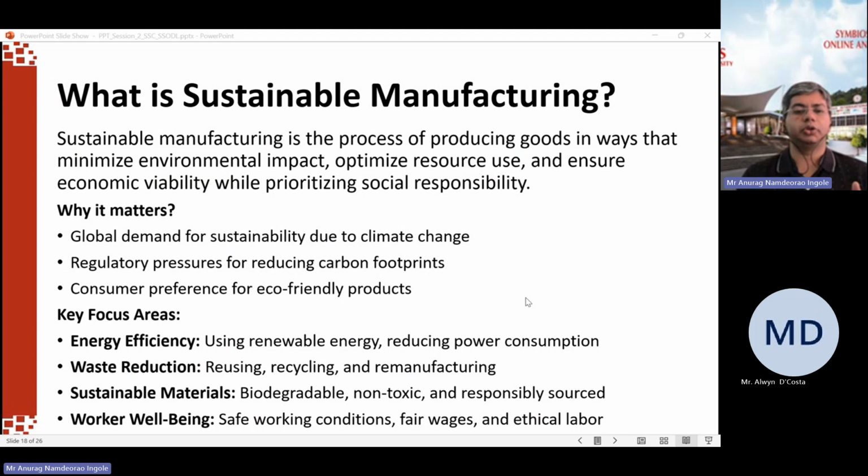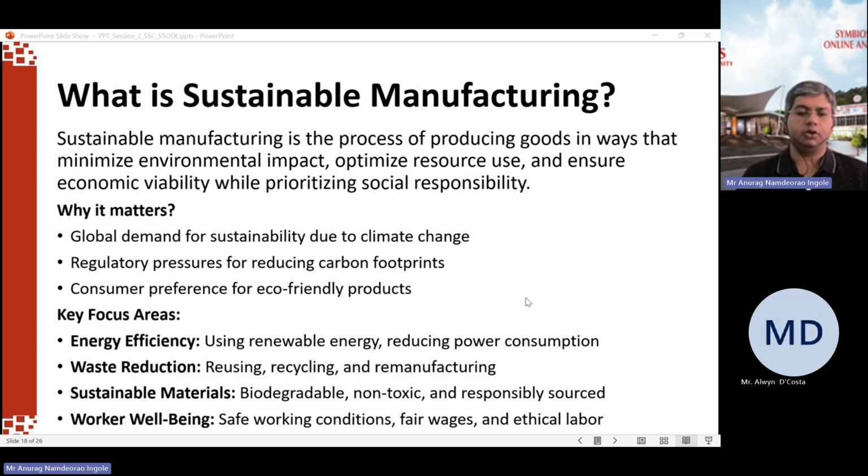So we want to ensure that the material in these parts or components is sustainable. Can the packaging be biodegradable? Is it non-toxic? Are the equipments that we have sourced responsibly sourced or not? That way we can have this as a focus area.